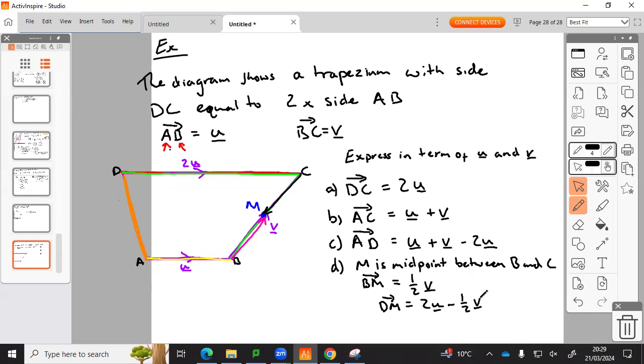These questions tie you up. That is vector pathway, and it's a type of question that they could ask.